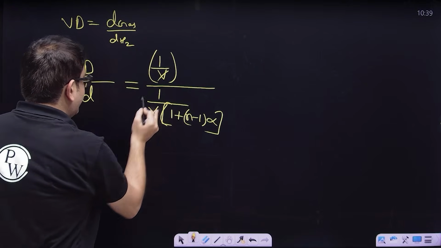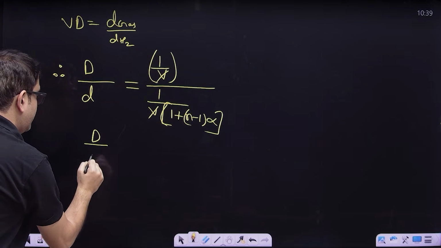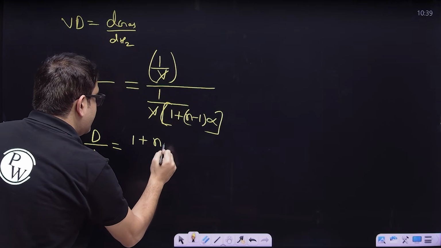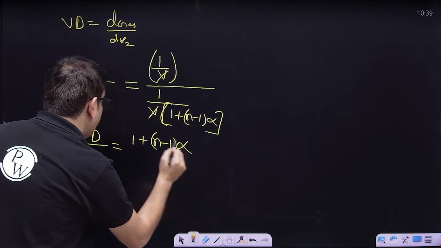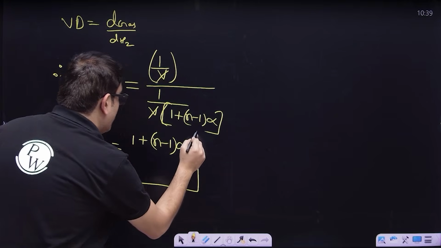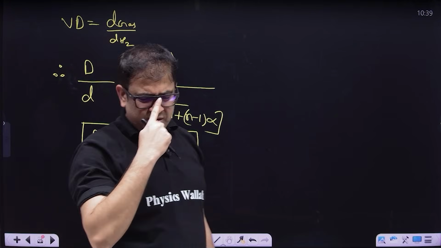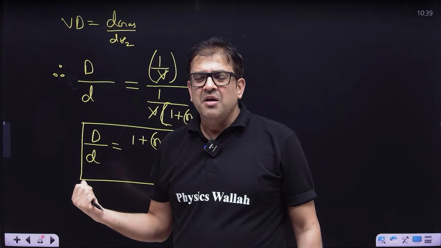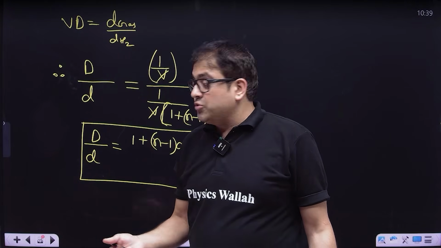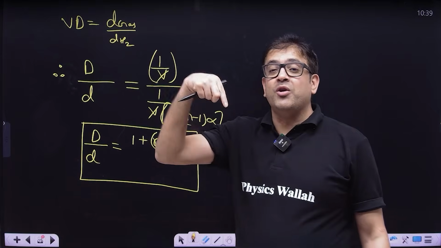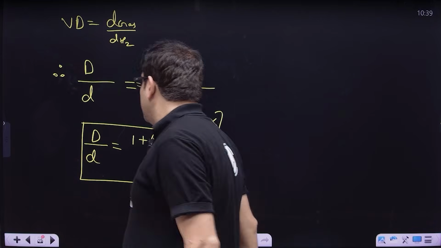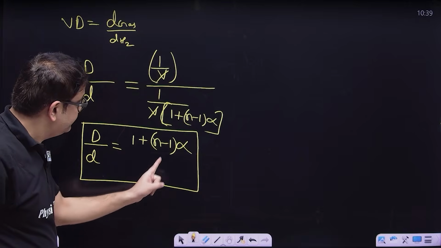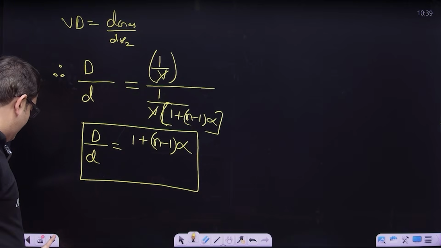This V will also get cancelled. So capital D upon small d is 1 plus N minus 1 times alpha. This is a very important relationship. You do not see many questions on vapor densities in this chapter, but this derivation is important for other chapters. So this is the relationship between vapor density and degree of dissociation alpha.